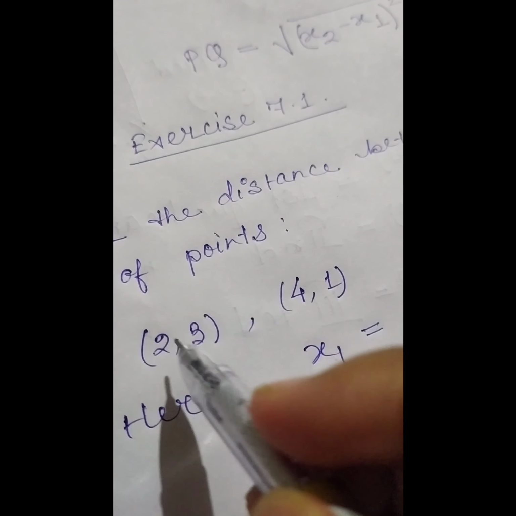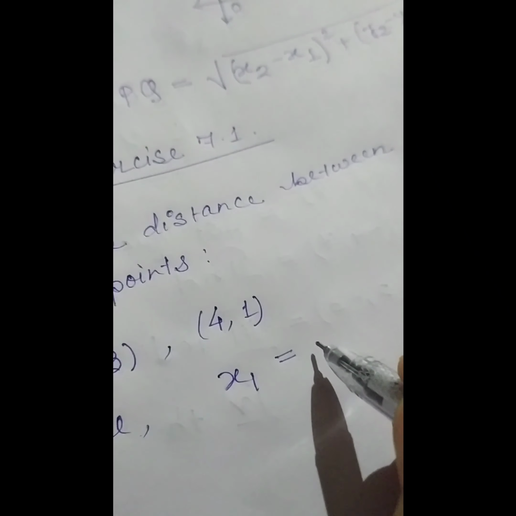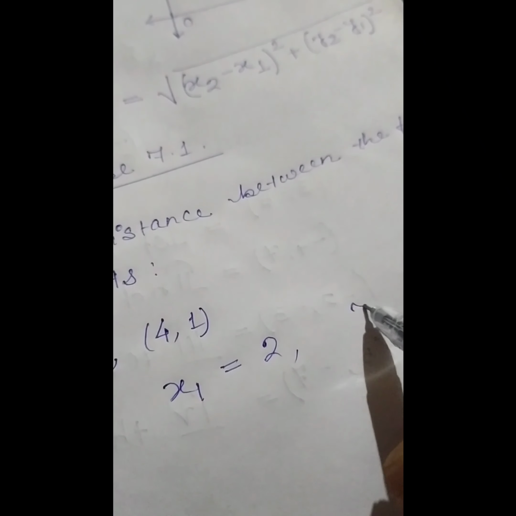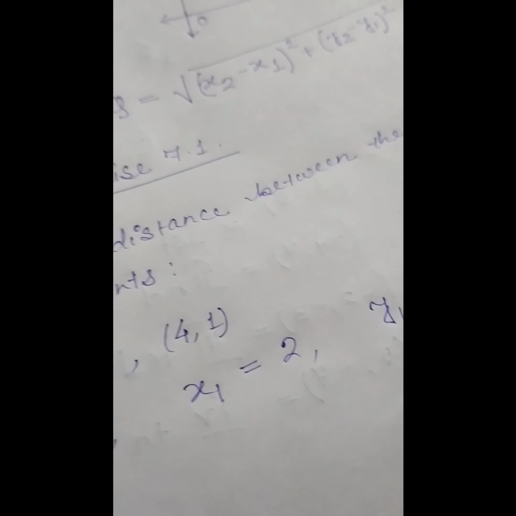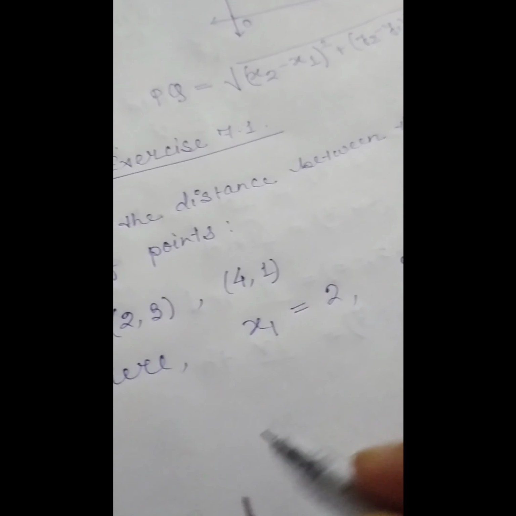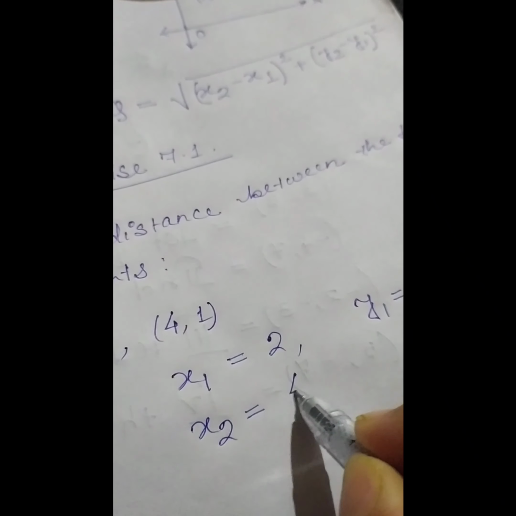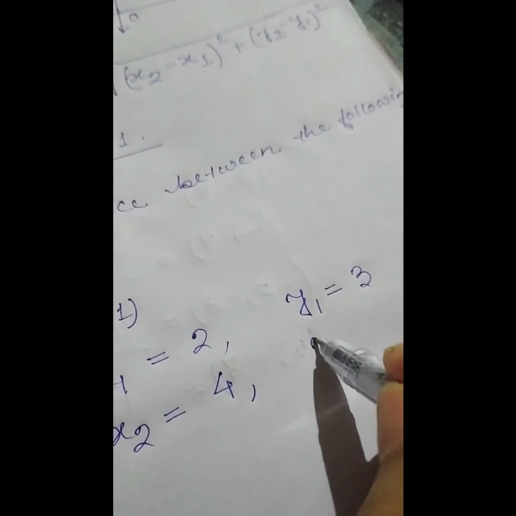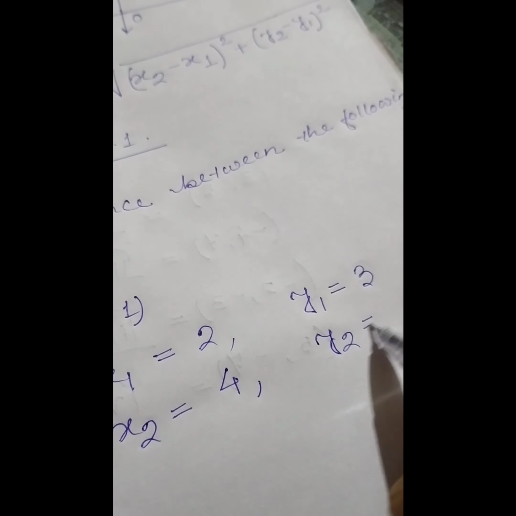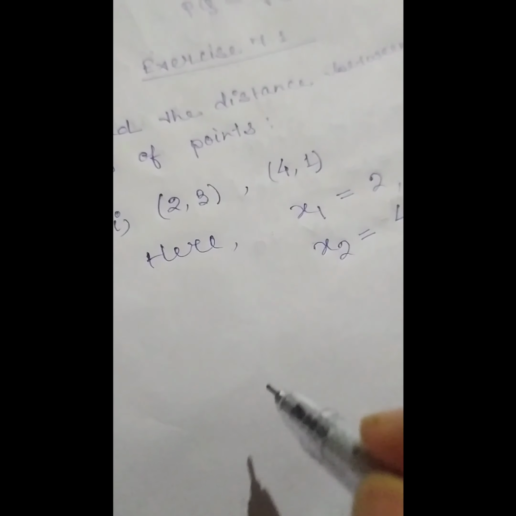The value of x1 is 2, and what is y1? It is 3. The value of x2 is 4, and y2 is 1.